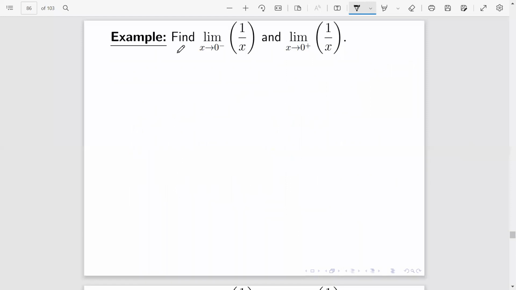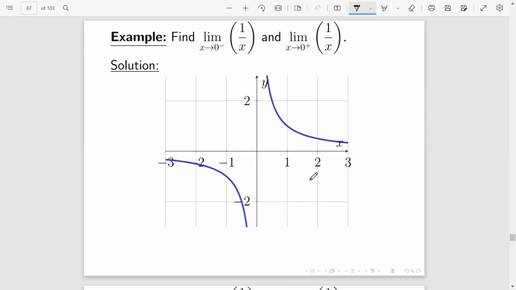We have a hyperbola here, 1 over x, and we are asked to evaluate the limit coming from the left and also coming from the right. This is the hyperbola. As you can see, when x is approaching 0 from the right, the function goes to positive infinity.